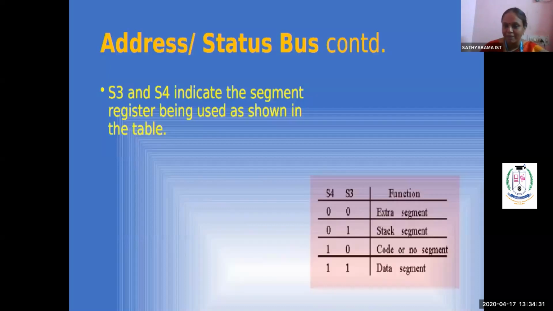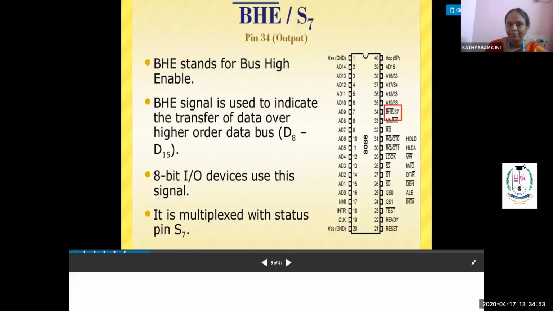Data will be stored in the data segment, code will be stored in the code segment, then the stack segment and the extra segment. So we have a segmentation structure here. Two inputs give 4 possible combinations: 00, 01, 10, 11. So extra segment, stack segment, code segment, data segment. There are 4 segments.